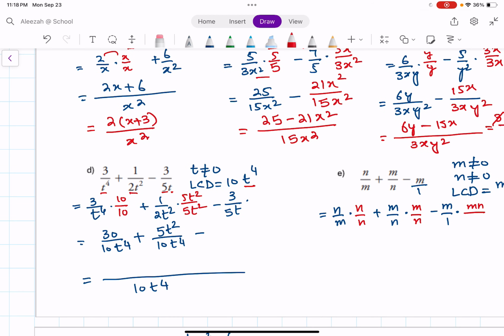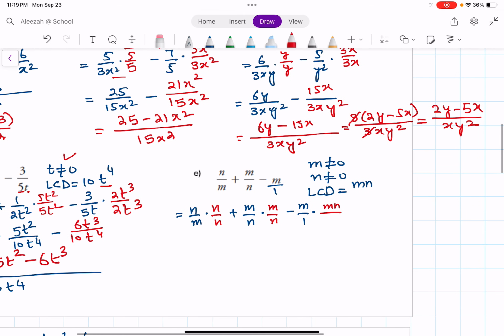For example, the last one is 3 over 5t, so I multiply by 2t cubed over 2t cubed, and we get 6t cubed over 10t to the 4th. Now I have the same denominator, so I just add the numerators: 30 plus 5t squared minus 6t cubed. That is my answer. I already had the restriction that t is not equal to 0.